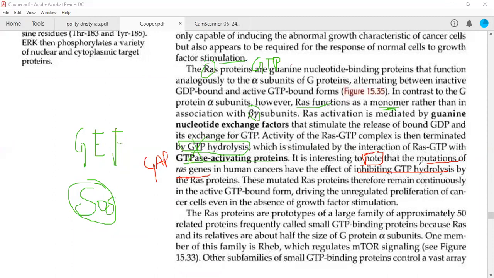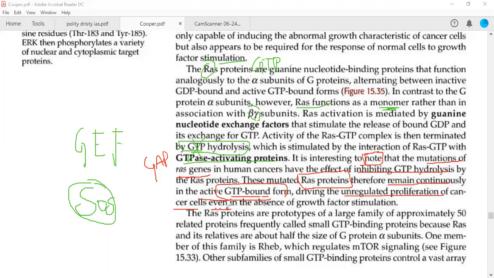So with GTP hydrolysis inhibited, the bound GTP will not be hydrolyzed, and if it is not hydrolyzed, it will remain in an active state for a prolonged period of time. Okay, so these mutated RAS proteins which were bound with GTP therefore remain continuously in the active GTP bound form, driving the unregulated proliferation of cancer cells, and therefore they are creating cancers in humans.